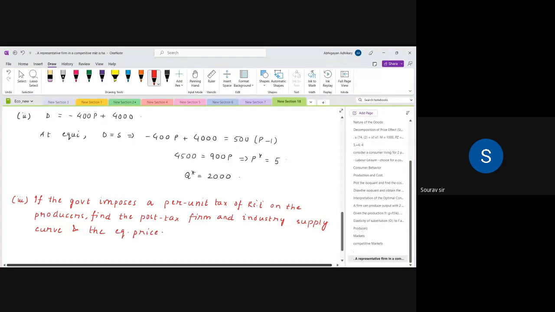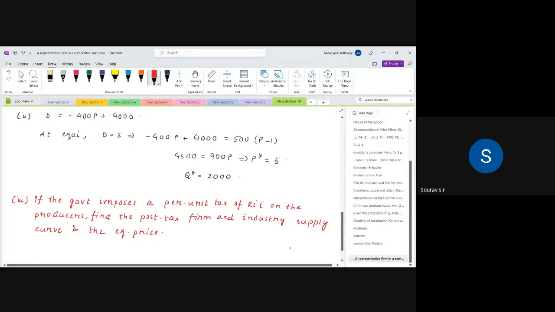Okay, this is the next part. If the government imposes a per unit tax of rupees T on the producer, then find the post-tax industry supply and market supply curve and the equilibrium price.